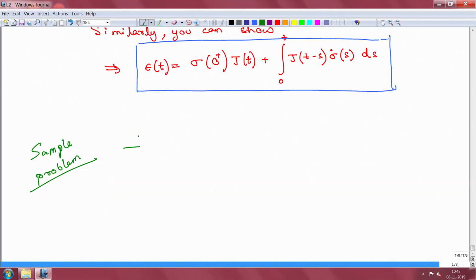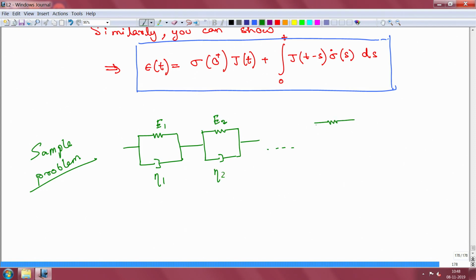So, let us ask ourselves: if you have n Kelvin-Voigt models, and this goes all the way till n, so this is eta 1, E 1, so this is E n, this is eta n, and let us say there is a last spring there. So, you have n Kelvin-Voigt models and you have one spring.